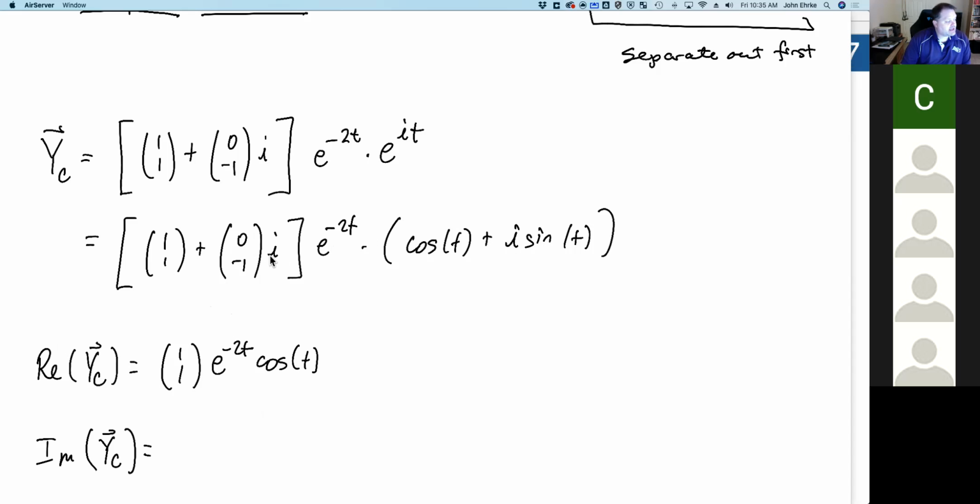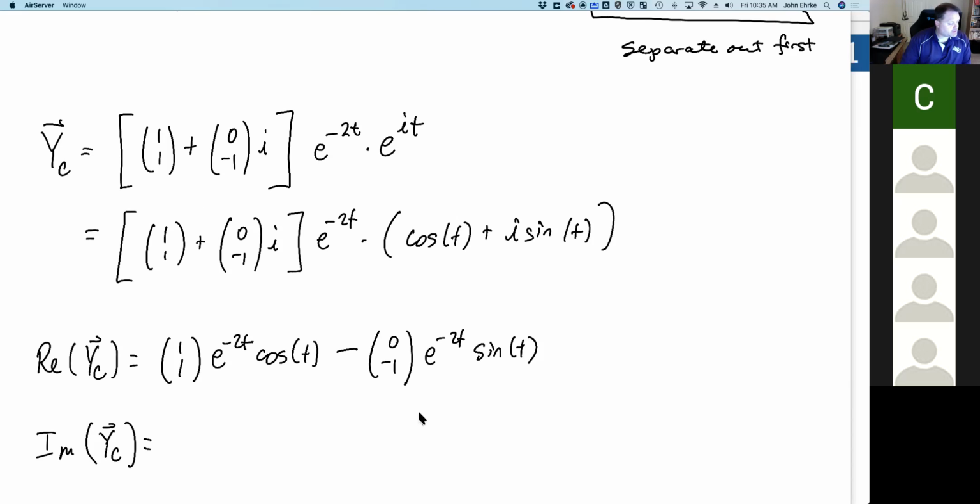So you would get minus 0, negative 1 e to the minus 2t sine t. So if I was to FOIL all of this out, because you've got two terms here, this would be the two terms that aren't multiplied by the imaginary number i.